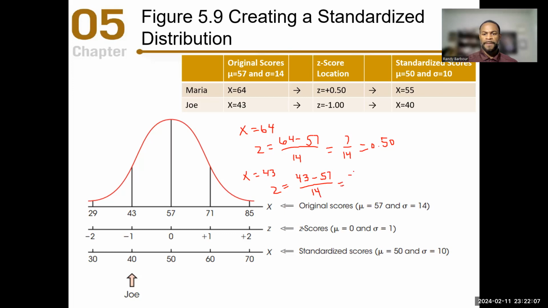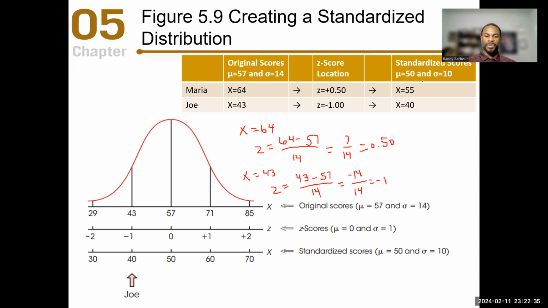This would be negative 14 over 14, which equals negative 1. Given this information, I know that these are the z-scores for my original distribution. So I'm using these scores and I want to transform and standardize them.